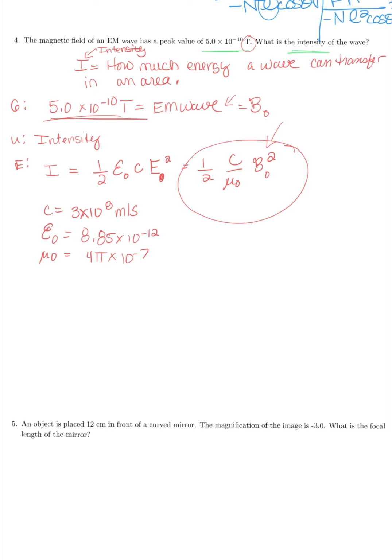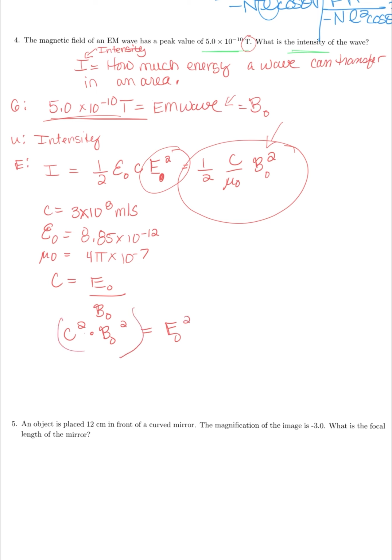Say that you remembered that C equals the peak of the electric field divided by the peak of the magnetic field. Because we don't have E, let's solve that for E. Because we need E squared, it would be C squared times B naught squared equals E naught squared.